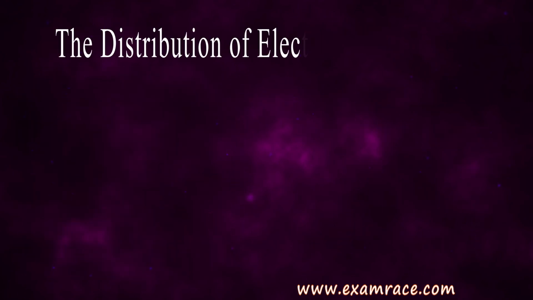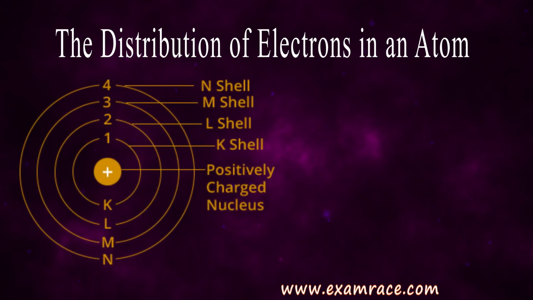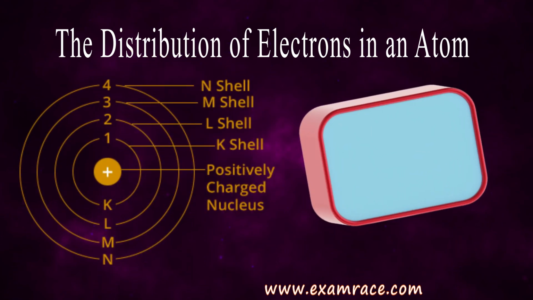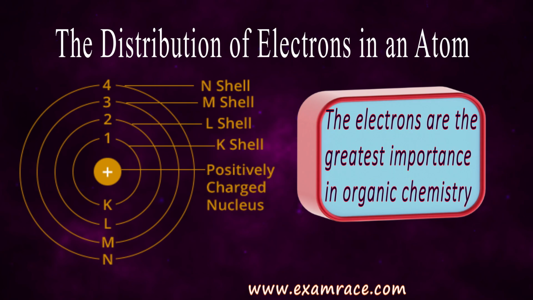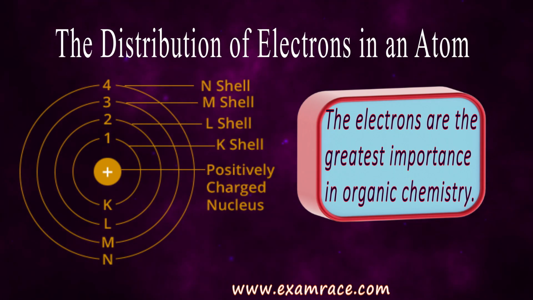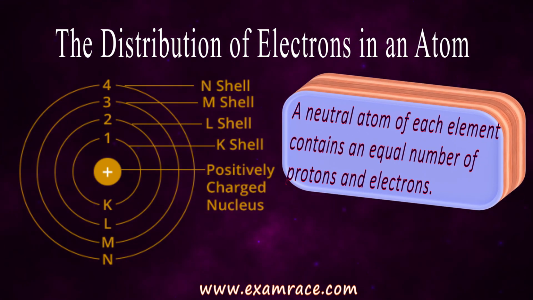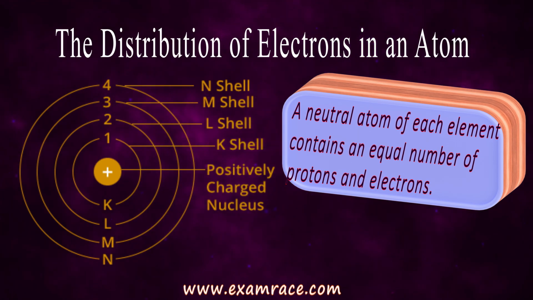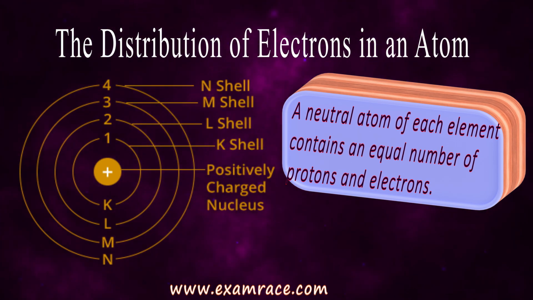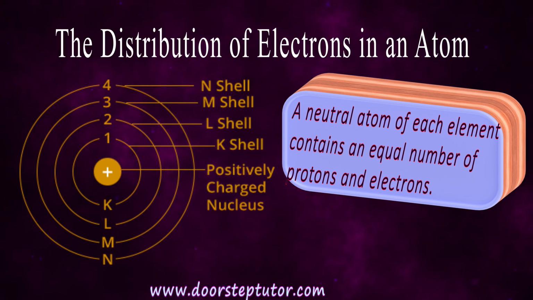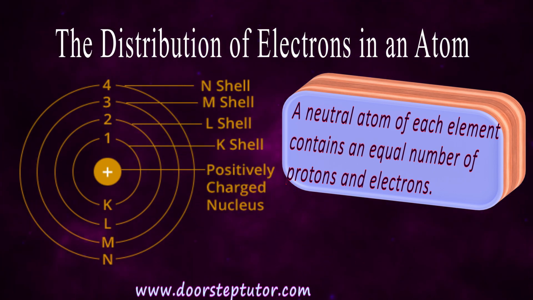Now let us understand the distribution of electrons in an atom. We know that electrons are of the greatest importance in organic chemistry. A neutral atom of each element contains an equal number of protons and electrons. So if an atom has 5 protons and 6 electrons, then that is not a neutral atom, because it has more electrons.